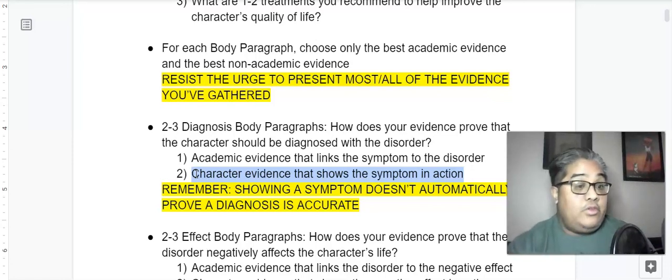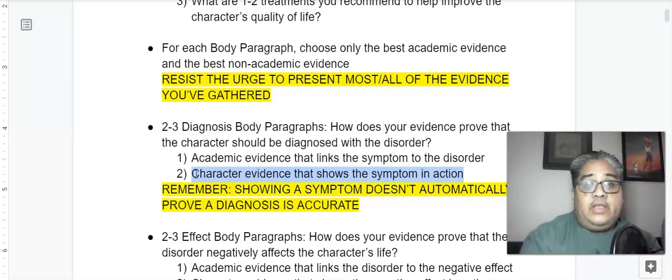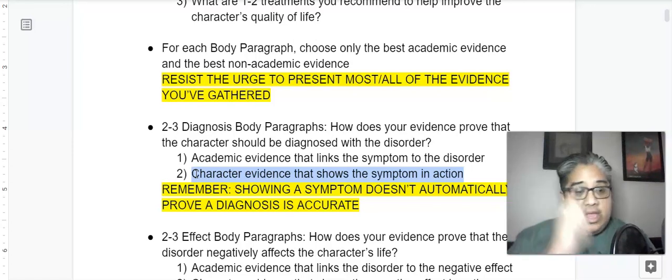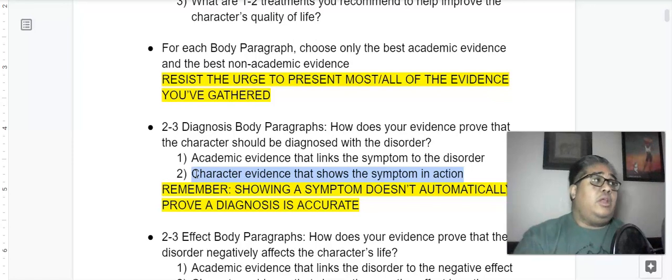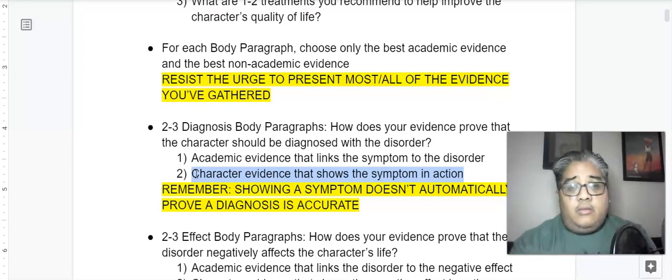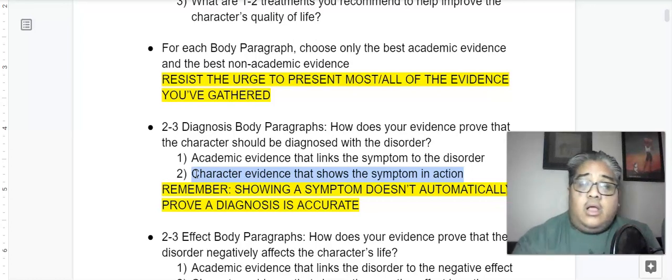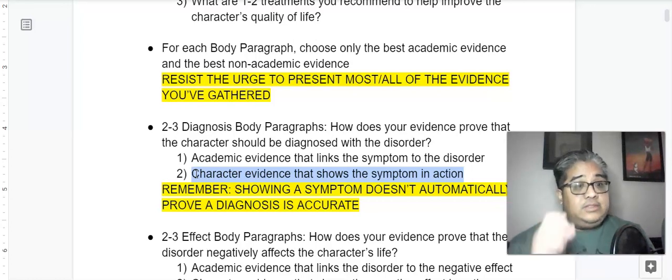So you want to look for those scenes, those moments, those interactions in the character's life, whether you're looking at a character in a TV show or a movie or a video game, or a novel. Where are those really strong moments where you see the character displaying the symptom very clearly?